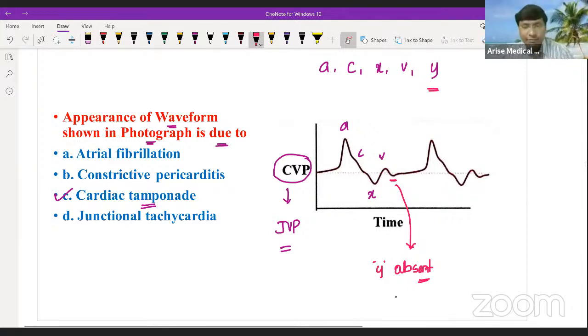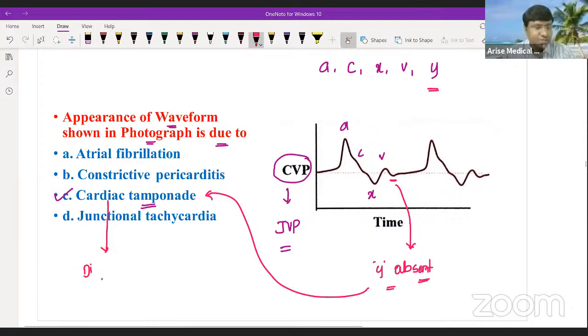So when the Y wave is absent, where do you have that? You will have that in cardiac tamponade. In cardiac tamponade, there is diastolic collapse of the ventricles.